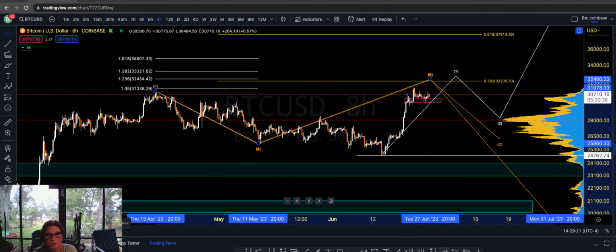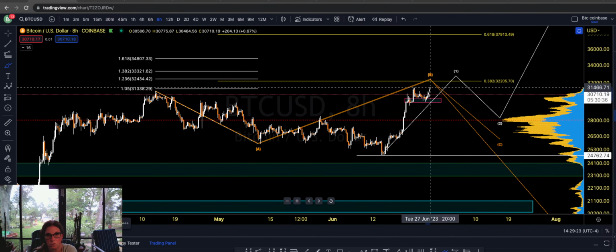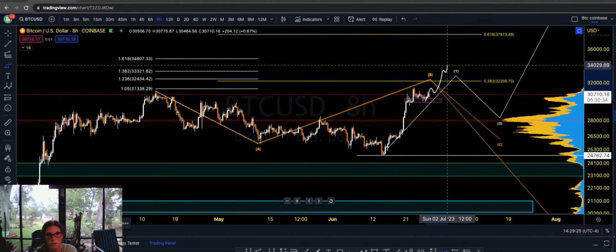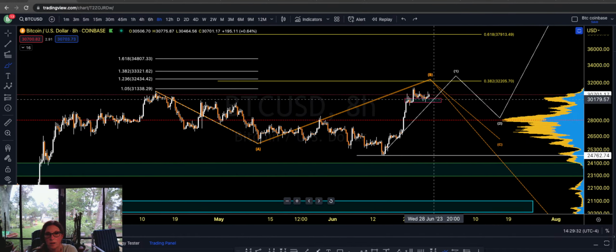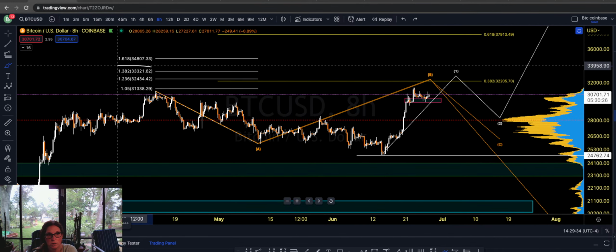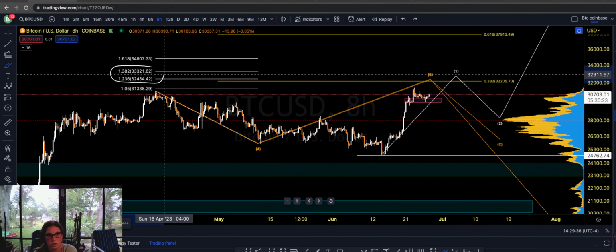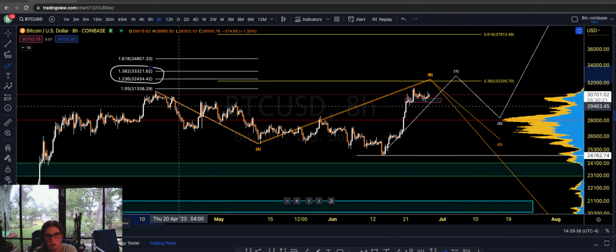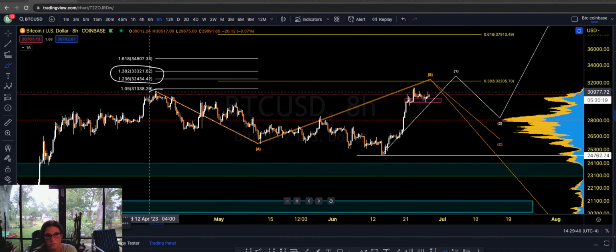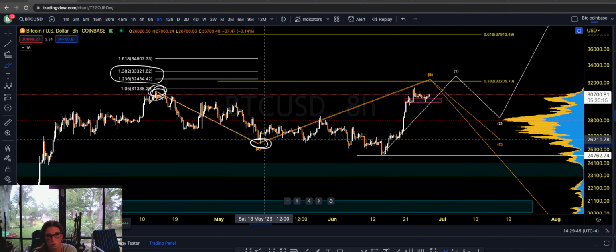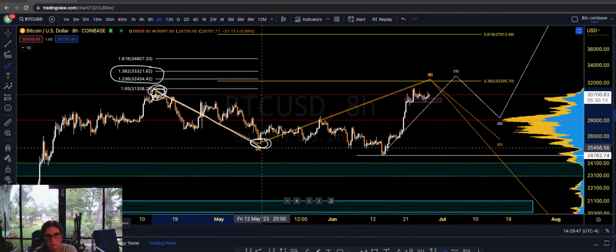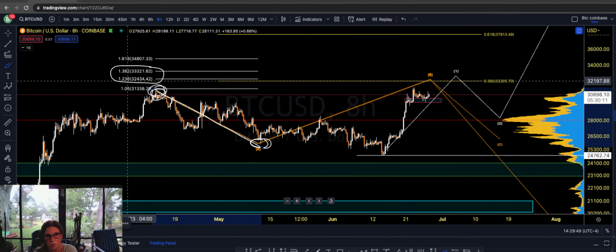We would accept a tap. So say that this is going now, 1, 2, 3, 4. We would accept a tap, but it better reject quickly. All right. It needs to actually tap one of these extensions here. And you're pulling that extension, if you want to put it on your chart, from this high to this low. A regular fib retrace, and these are the extensions you want to put on it.